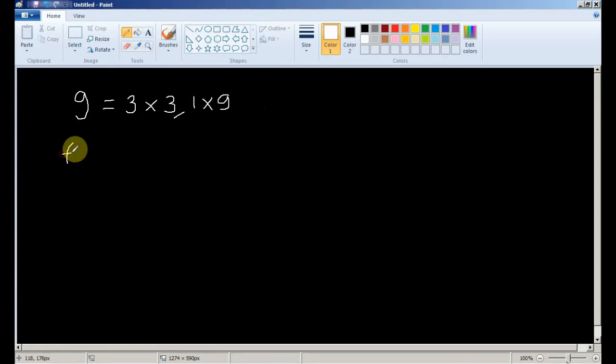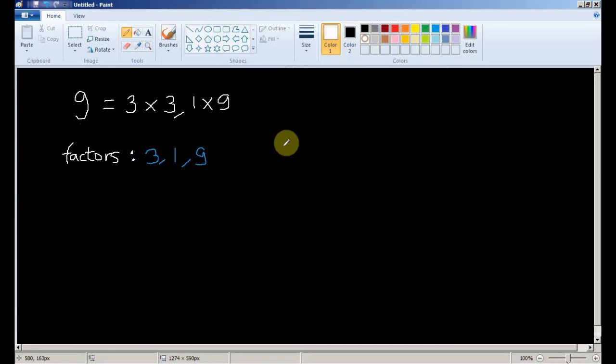Now the factors: 3 is repeated, so no need to write 3 two times, just write 3. 1 is a factor and the number itself is a factor. No other number multiplies to give 9, so these are the factors of 9.